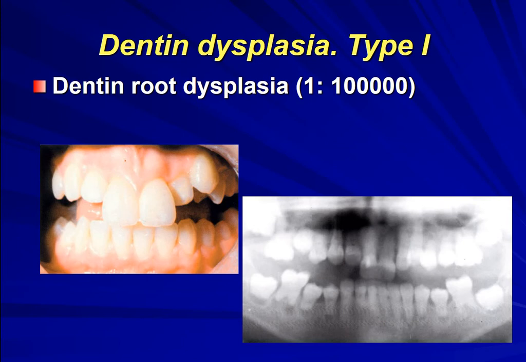On this slide, demonstrated by X-ray and photo of dentin dysplasia, the first type, dentin root dysplasia.